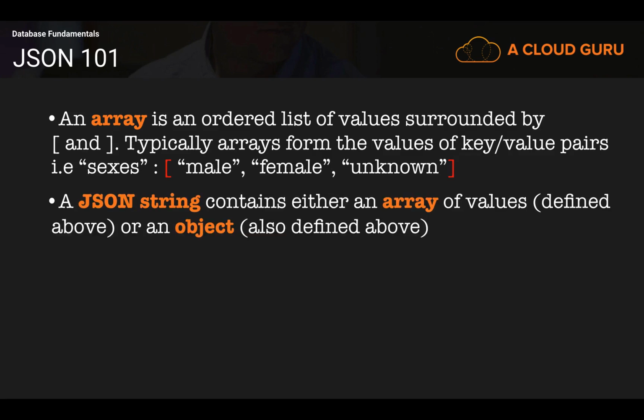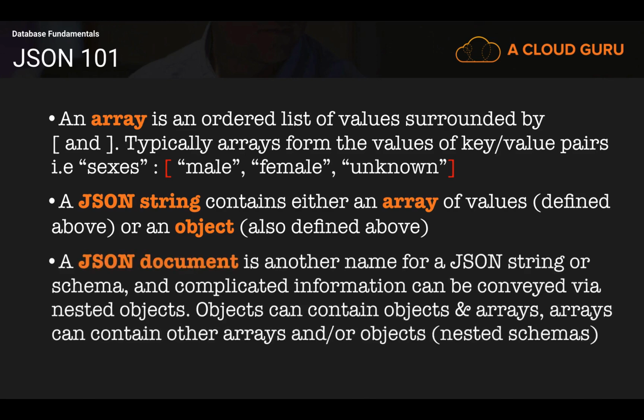A JSON string contains either an array of values, defined above, or an object, which we've also looked at. A JSON document is another name for a JSON string or a schema, and complicated information can be conveyed via nested objects. Objects can contain objects and arrays can contain other arrays and or other objects, i.e. nested schemas.